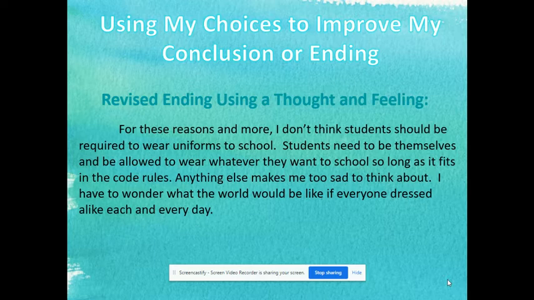Students need to be themselves and be allowed to wear whatever they want to school so long as it fits in the dress code rules. Anything else makes me too sad to think about it. So you notice that the author is using the feeling of sad to hit home on his point.